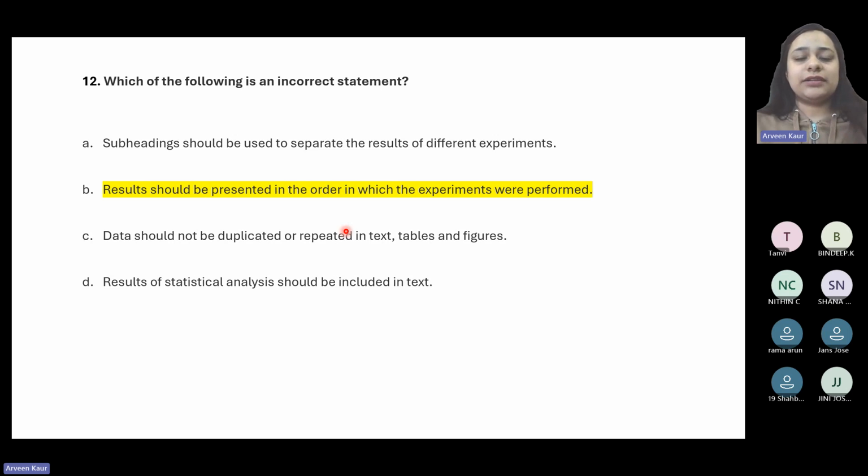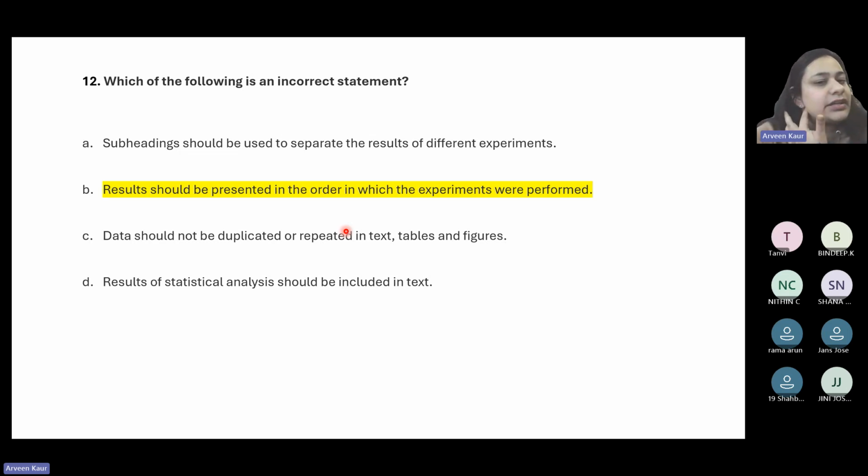You need to convey it in a way that the audience, or other people who are reading your research, will be convinced that yes, this is the question you started with, this is what you did to answer your objectives, and this is the outcome you are getting. And yes, I think this research work has some potential in it.